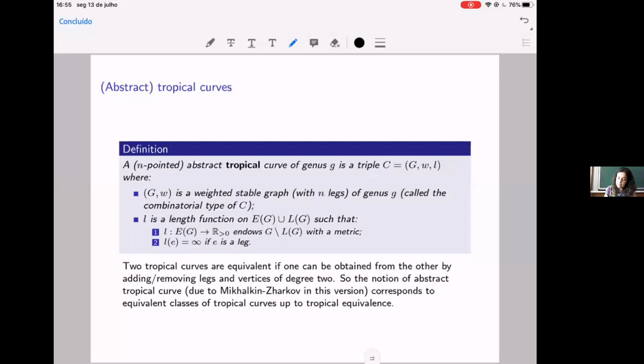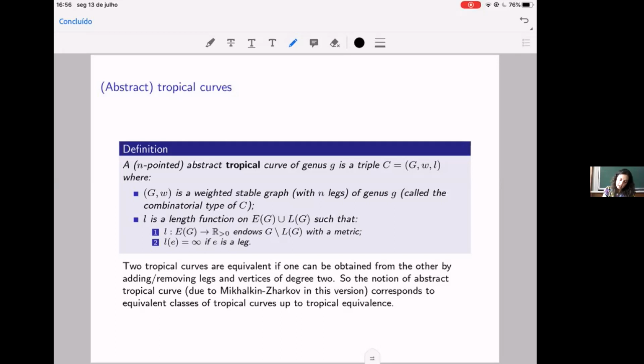And L is a length function on the edges, so you assign a positive length to each edge, and the lengths of the legs are infinity, in such a way that the graph without the legs becomes a metric space.